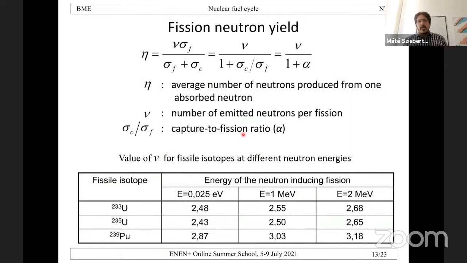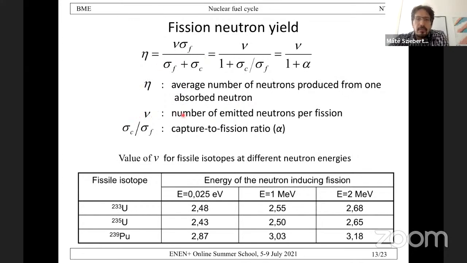For this, you need a little reactor physics or nuclear physics, that is the definition of the fission neutron yield. So we need to calculate the average number of neutrons produced from one absorbed neutron.